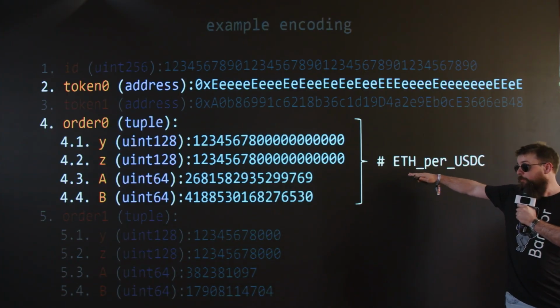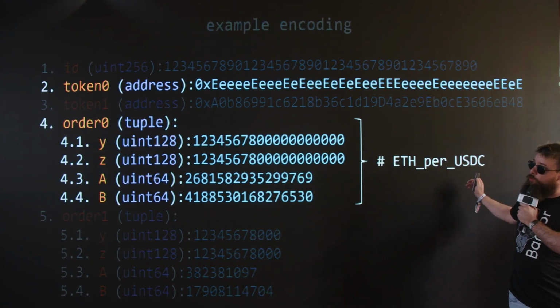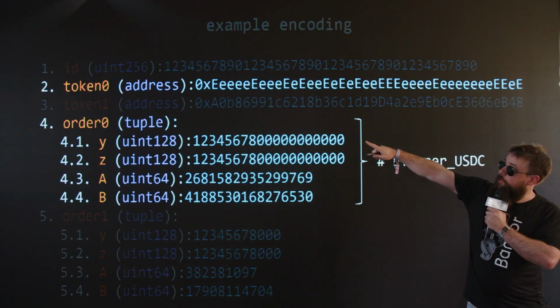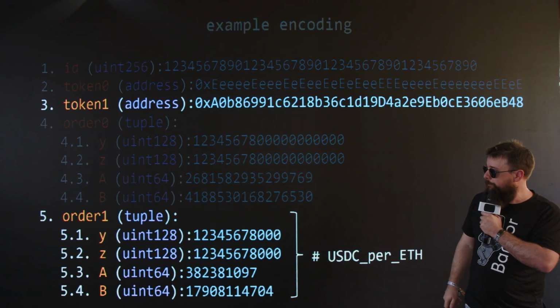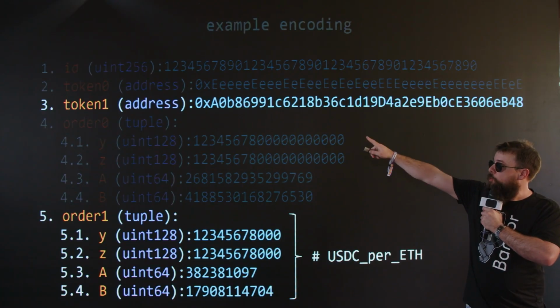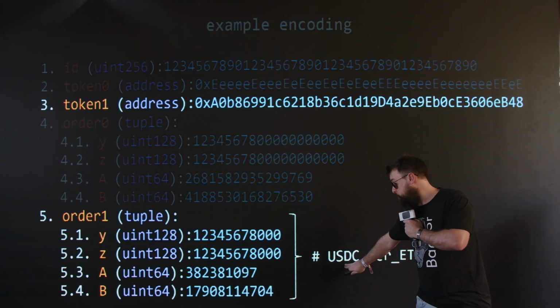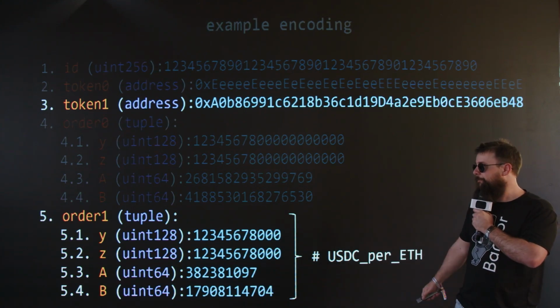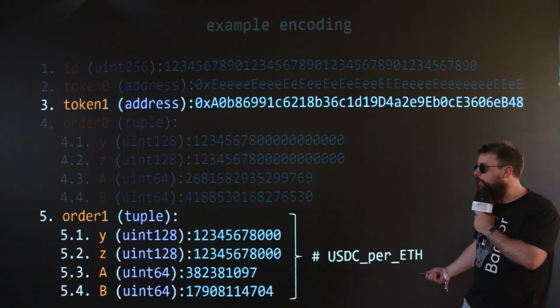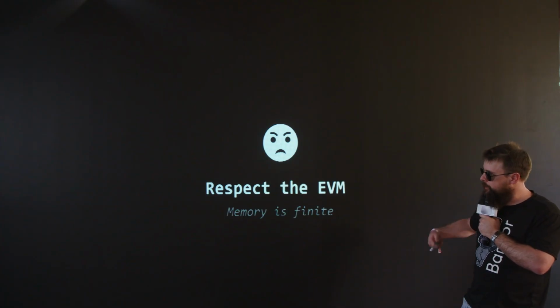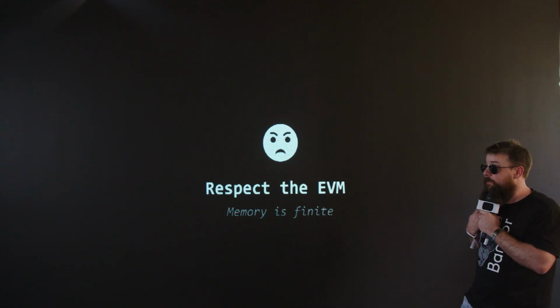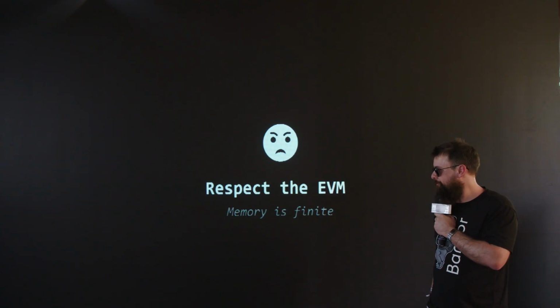So, the reciprocal price, ETH per USDC, because token 0 happens to be the Ethereum token. Whereas if we have a look at the token 1 address, which happens to be USDC here, then we know that this price is in units of USDC per ETH. I think that this convention is helpful. I think it's intuitive. And I think that this can stop users inflicting self-harm on themselves.